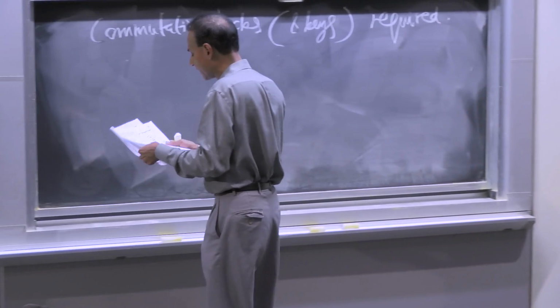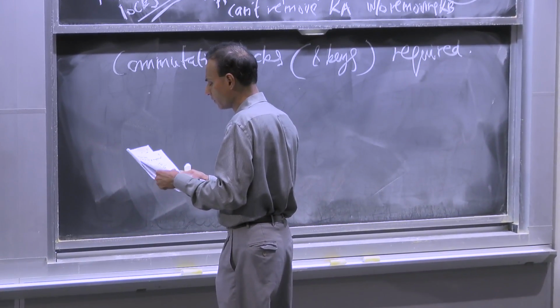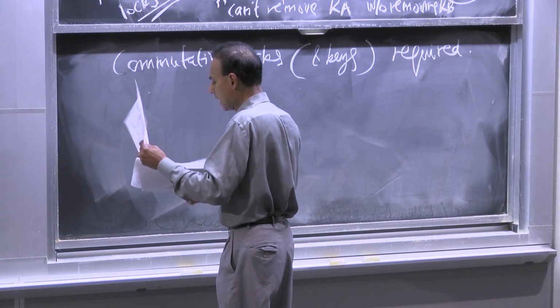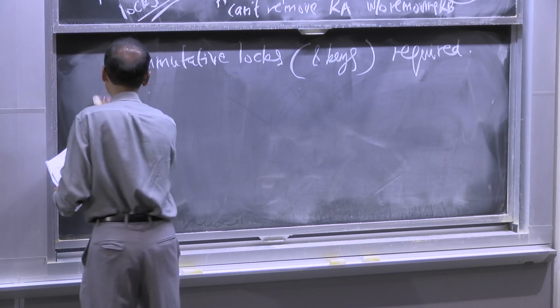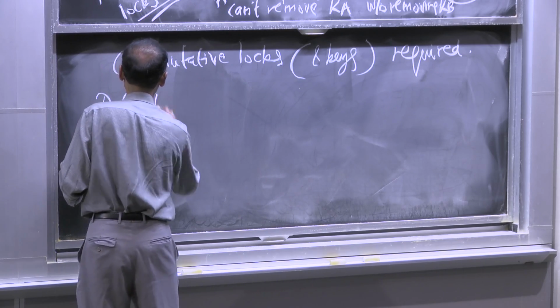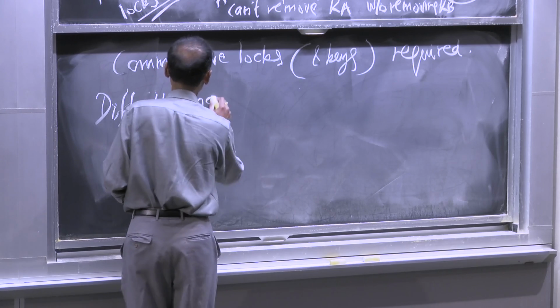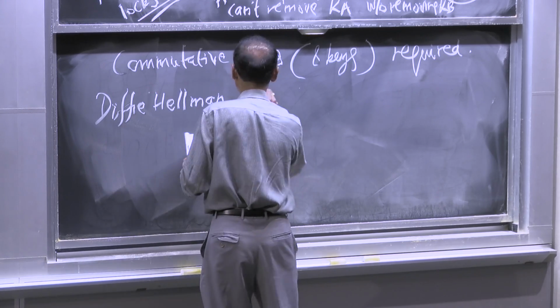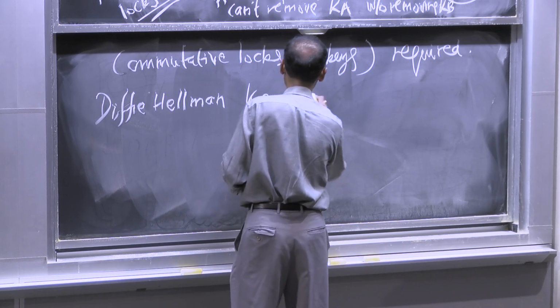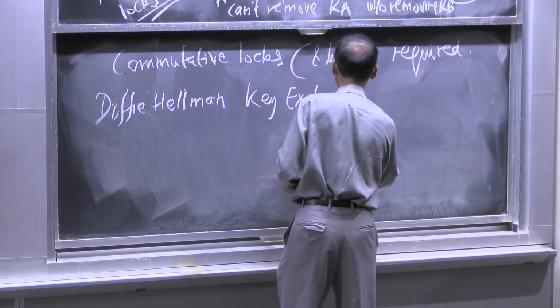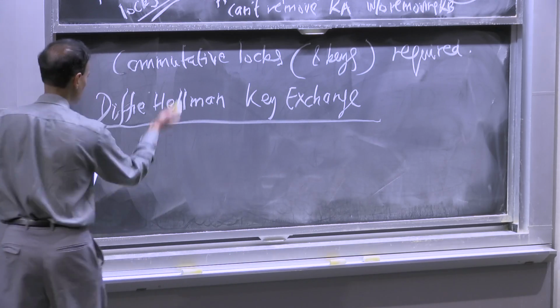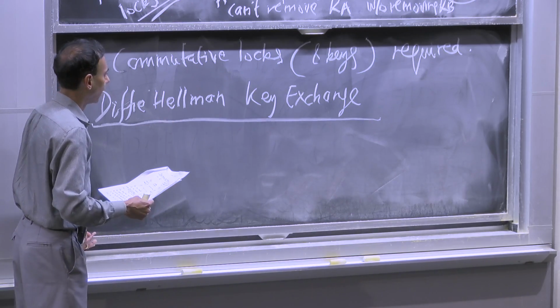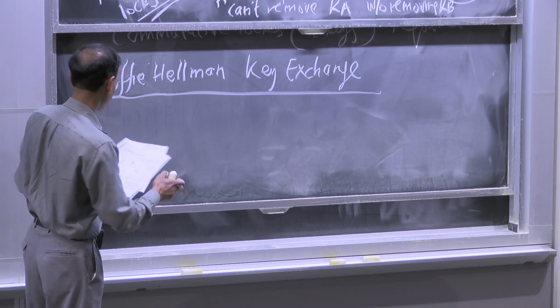But Diffie-Hellman key exchange assumes that you have commutative locks, and this is how it works. You'll see what commutes when I give you the equations associated with Diffie-Hellman key exchange. And this was also described in the 70s.